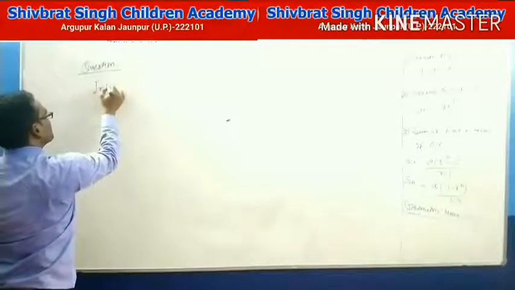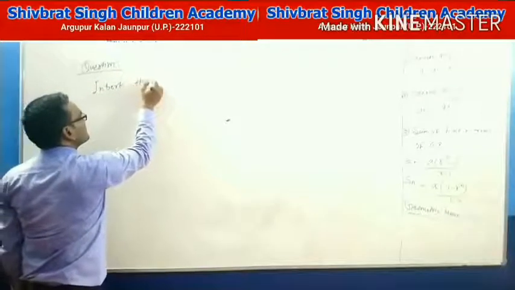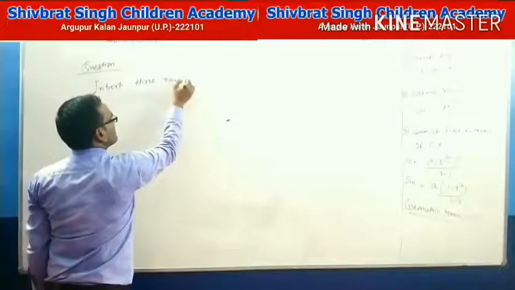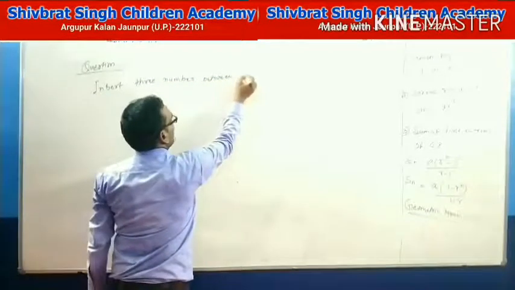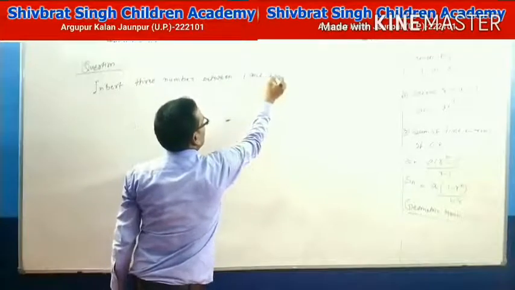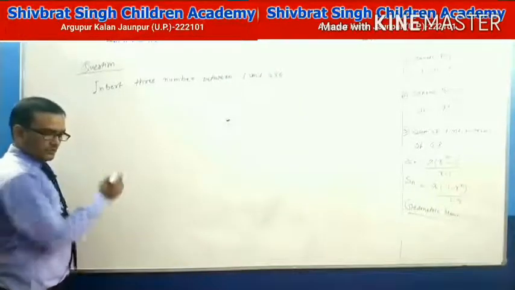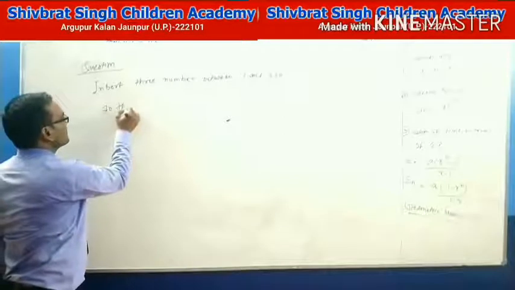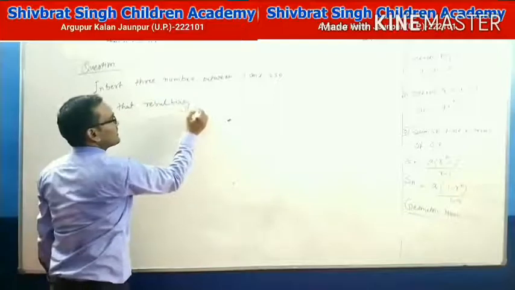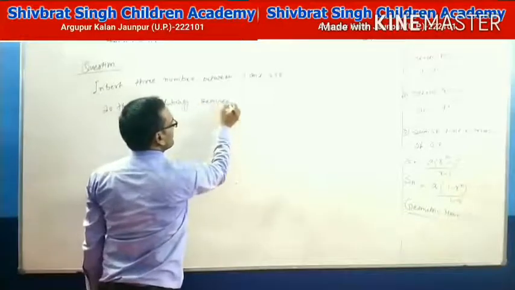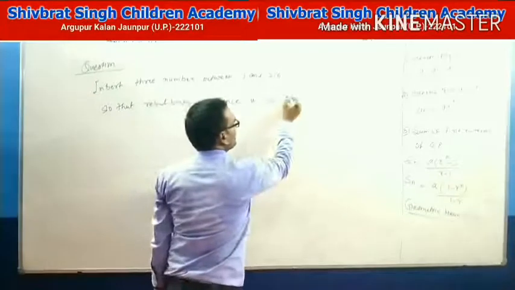Insert three numbers between 1 and 256 so that the resulting sequence is a GP.